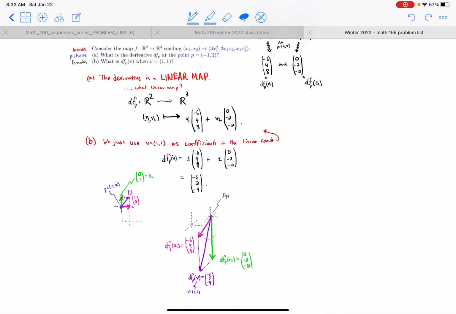The derivative is a linear map. You write down the formula for that map. When we plug in a vector, we just take a linear combination. A linear map is just linearly combined vectors. And then we have to really think and be able to draw this.